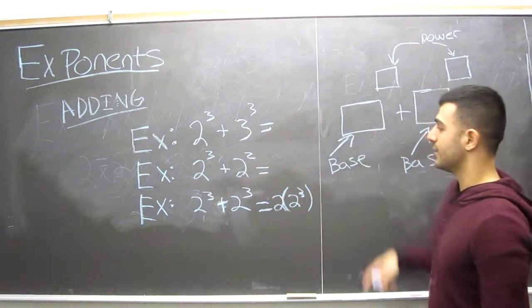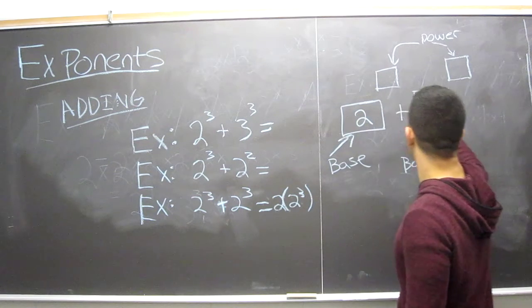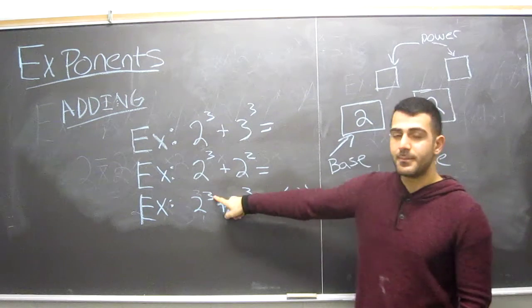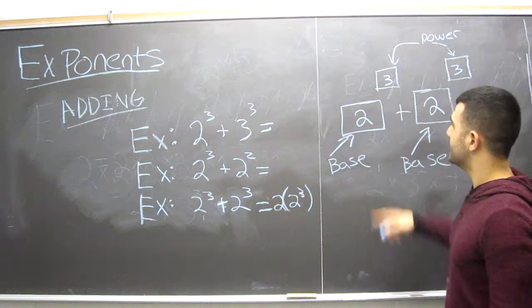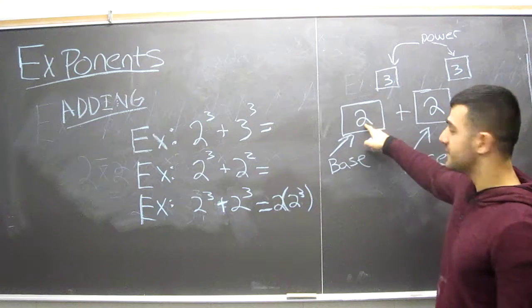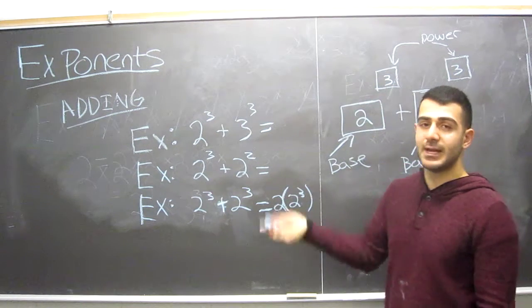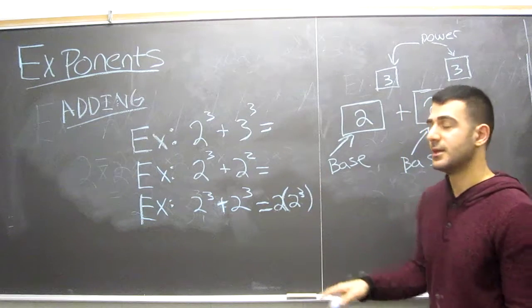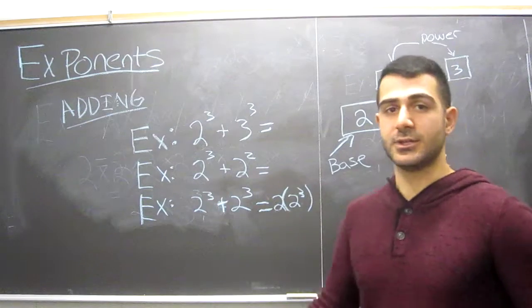So I could write any number here. And in this example, the bases were 2 and the powers were 3. So anytime you have the bases being the same and the powers being the same, then you can add exponentials and simplify them under those two conditions. The next couple of videos we'll do examples.